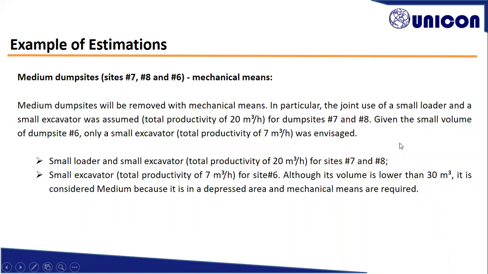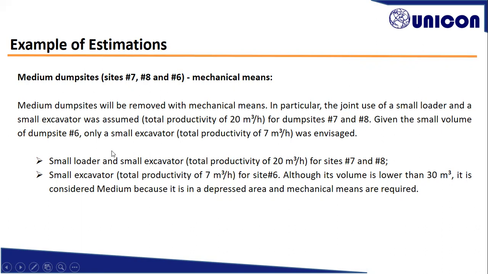Considering dump sites 6, 7, and 8, these are medium dump sites, then mechanical means were conceived for waste removal. In particular, the joint use of a small loader and a small excavator was assumed for dump sites 7 and 8.